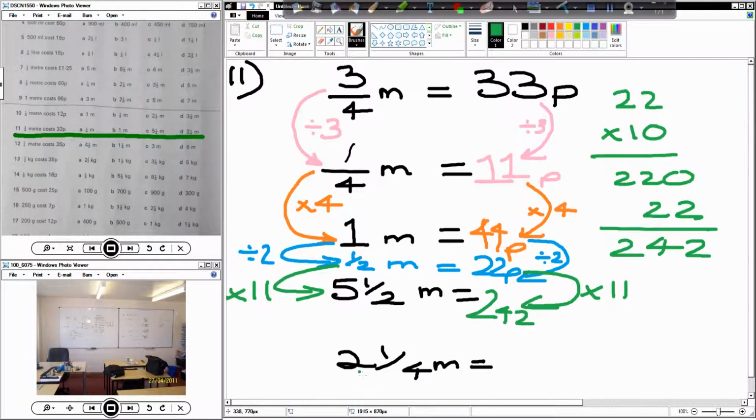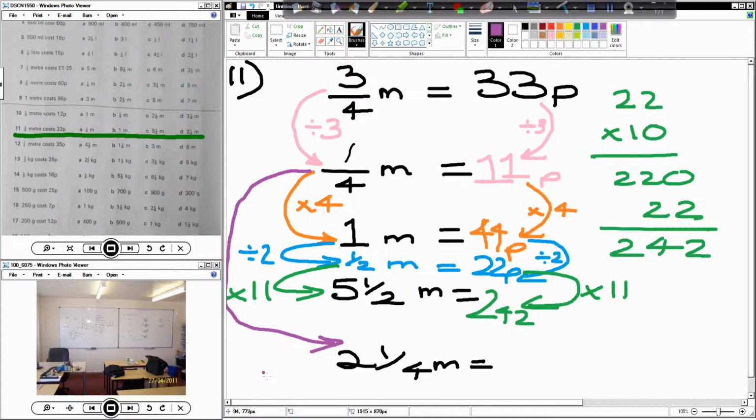Now we need to get to 2.25 meters. How do we get to 2.25 meters? We have to go from a quarter of a meter. How many quarter meters do we have in 1 meter? 4 quarters in 1 meter.